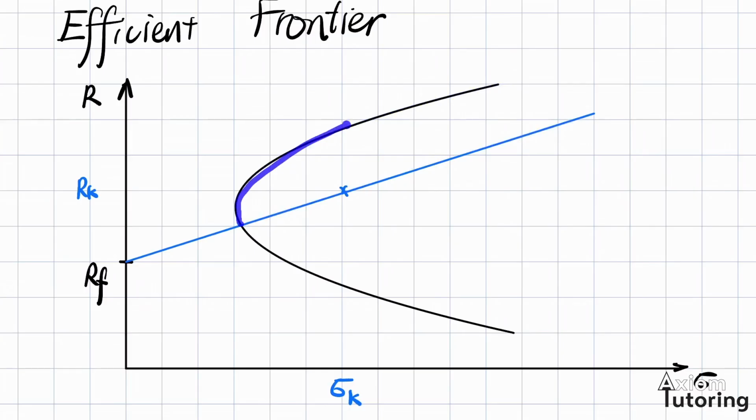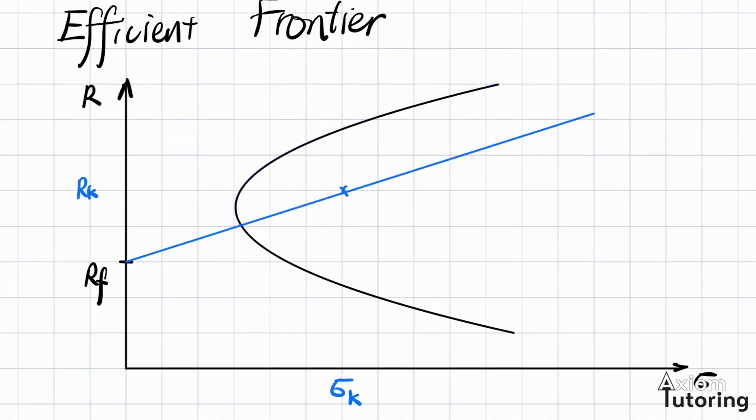So this bit on the curve of the risky assets will give us a higher efficiency because for the same risk, they will give us the higher return. So there's no need to invest in any of these portfolios here because we have better choices here, right?